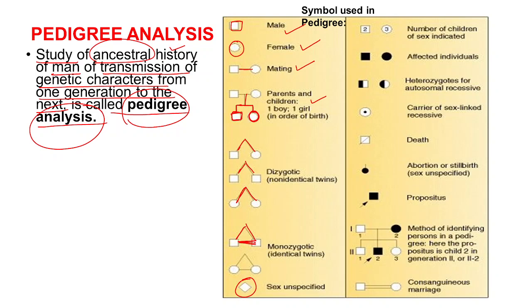Sex unspecified. And if it is marked like this, it is called death. Then in a circle, if you find a dot, it is a carrier. Then if you find it half shaded on one particular side, then it is heterozygous, and if it is completely shaded, it is an affected individual, right.